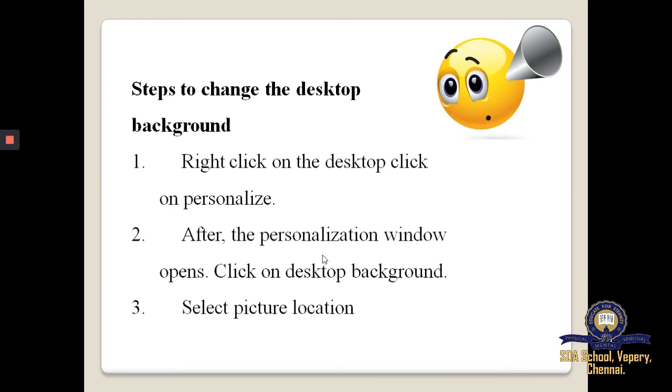Next, we learn the steps to change the desktop background. The first step is to right click on the desktop, and a dialog box or screen will open, and then you have to click on personalize.